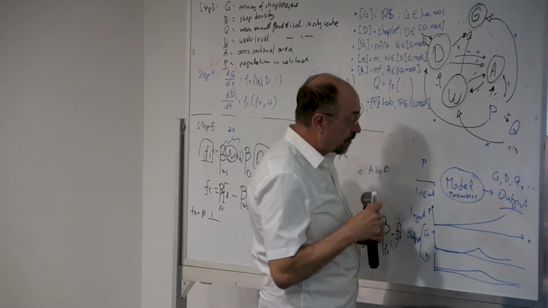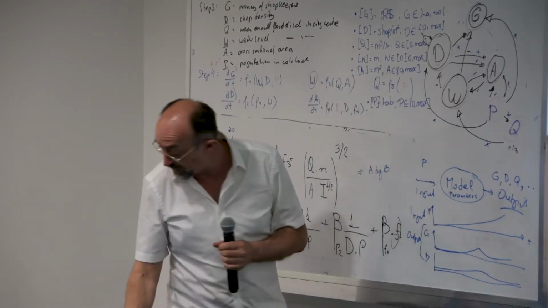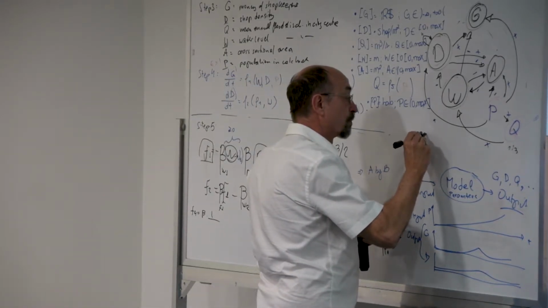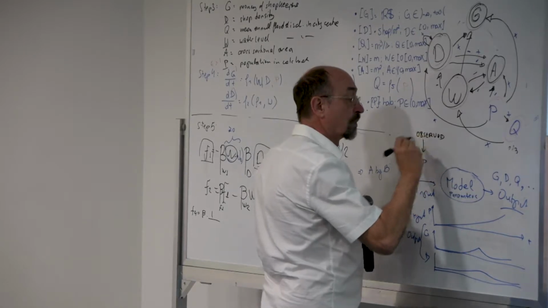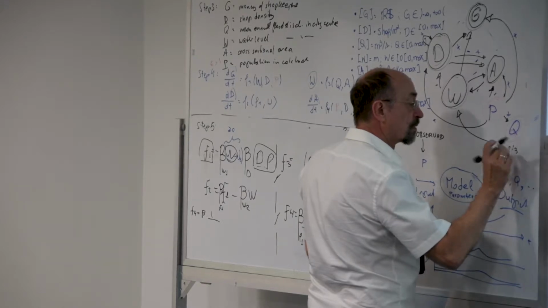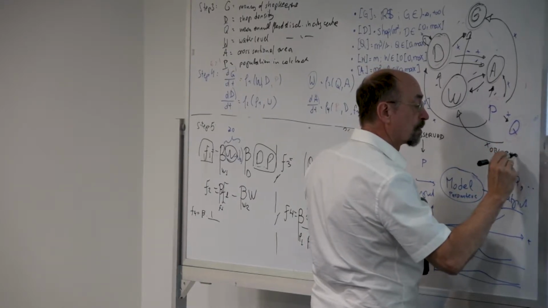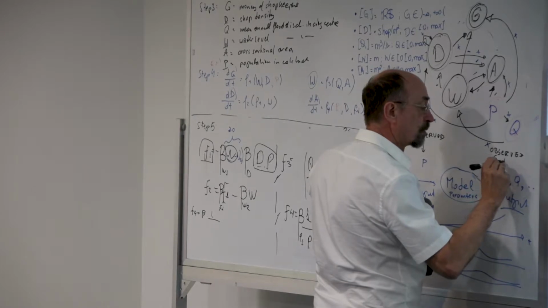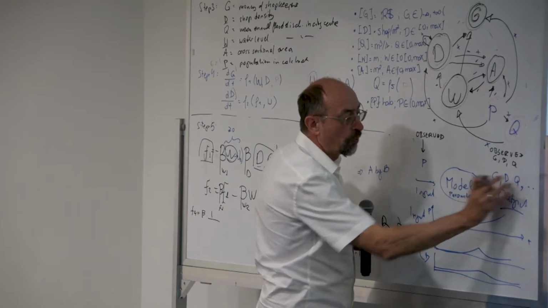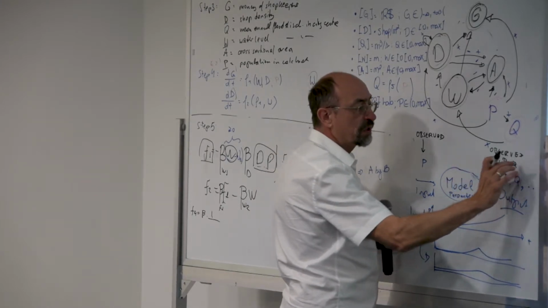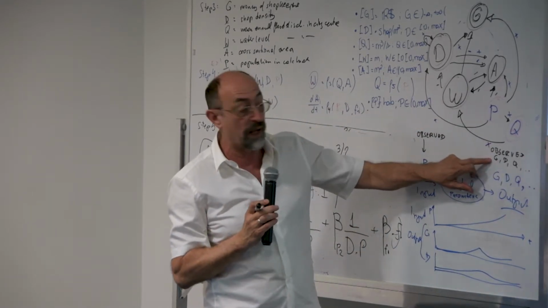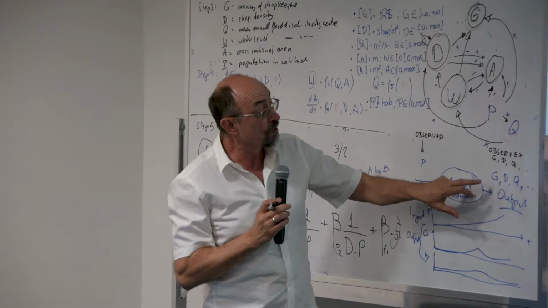And now, the trick is, you have observations of that. You observe that, and you have observations of that. So you have simulations, the blue things are simulations. G, D, Q are observations. You observe how much money the people have. You observe the number of shops. You simulate the money.